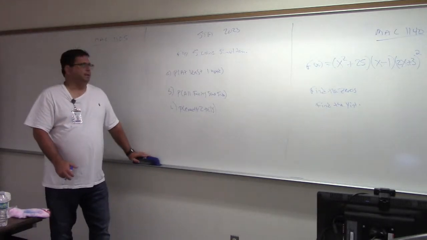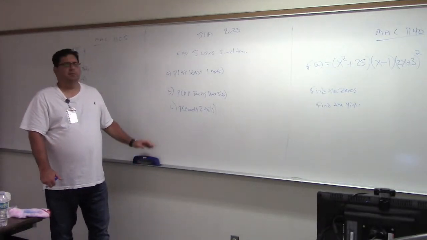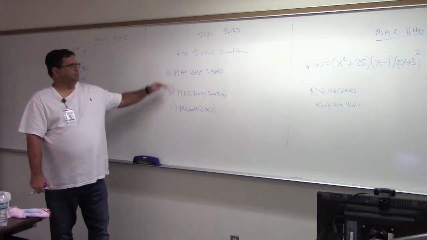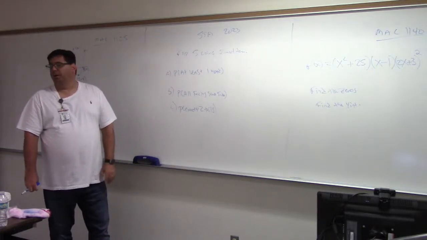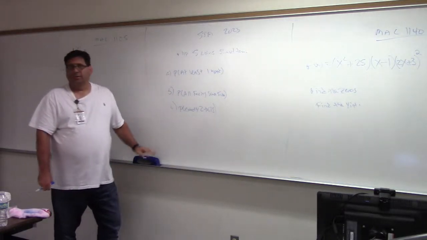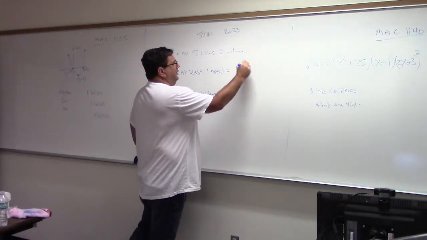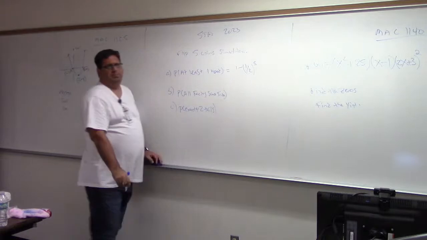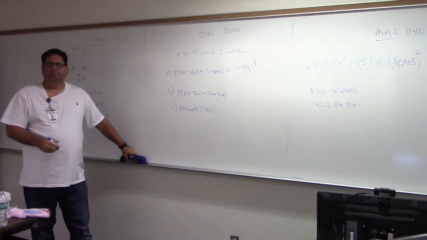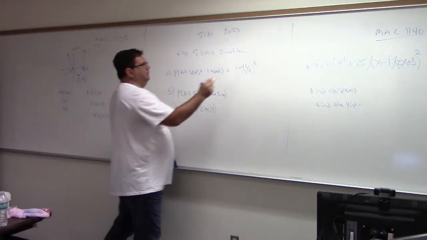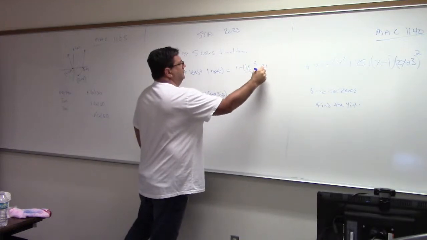Alright. Laney, I'm getting to you in a second. Alright. The probability at least one of them will be heads is 1 minus the probability they're all tails. That is 1 minus 1/2 raised to the 5th power. In this case, that is 31 over 32.